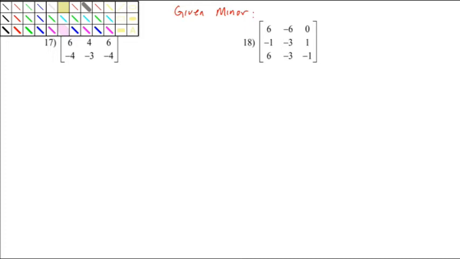So I'm just going to identify the elements in this particular matrix that are going to have their signs flipped. Once we've done that, we're going to produce the same 3 by 3 matrix. The only difference between the minor matrix and the cofactor matrix is the sign of those elements that is adjusted.